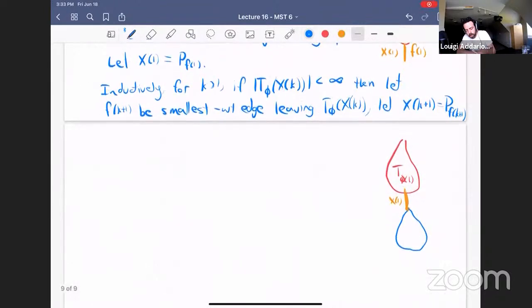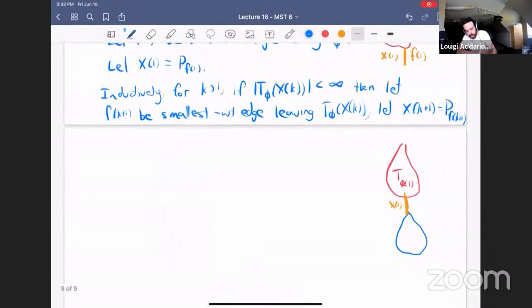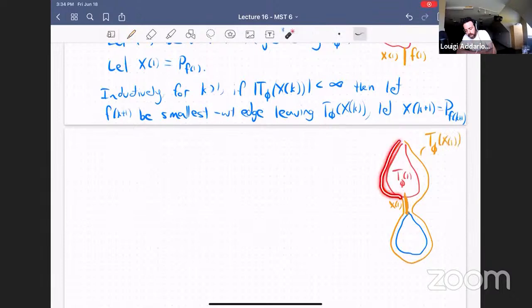This is the new part that gets added in order to build the tree. This bigger tree is T theta x1.